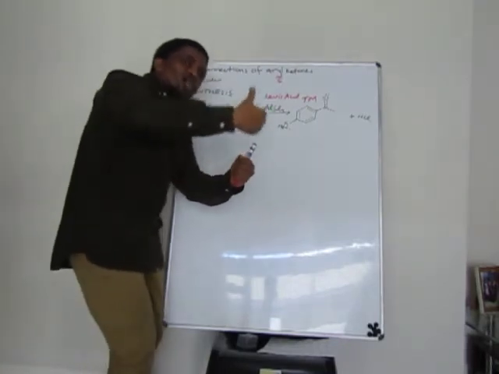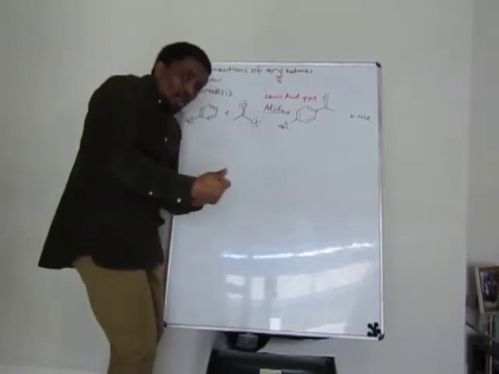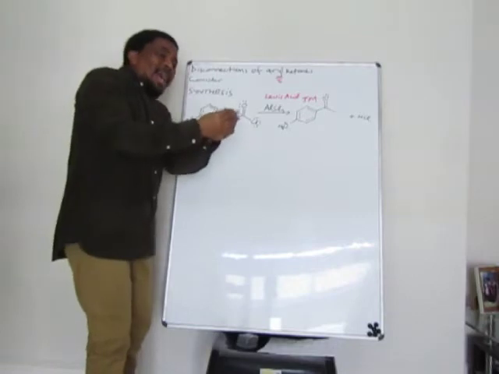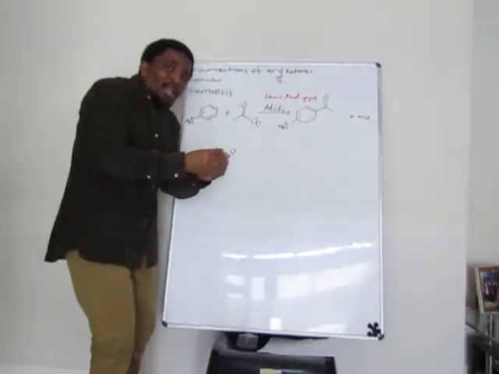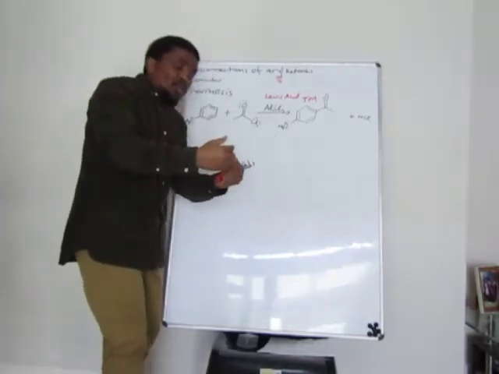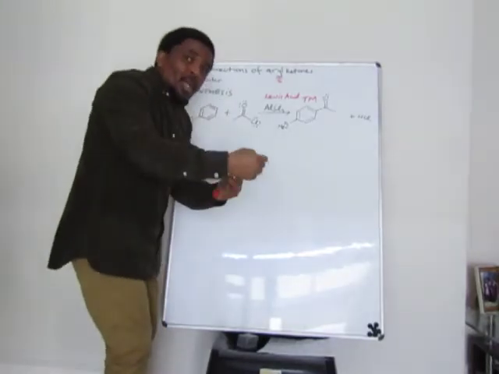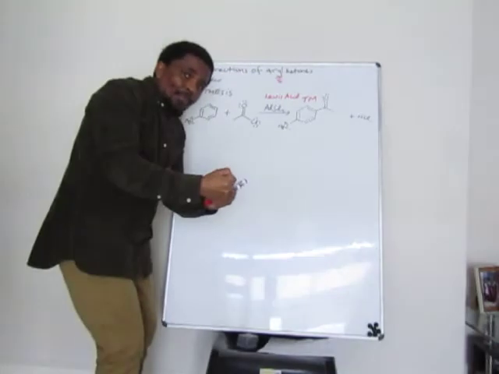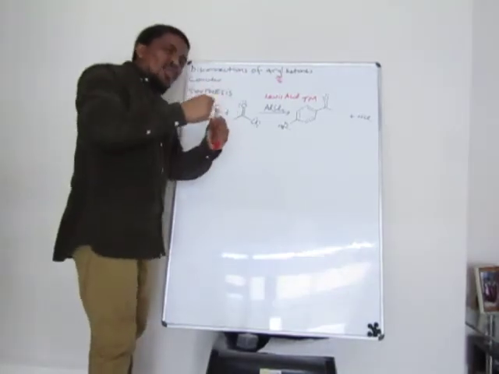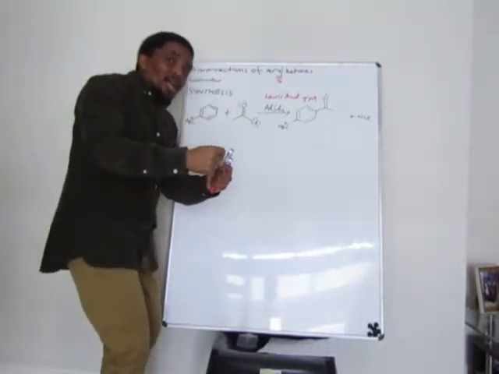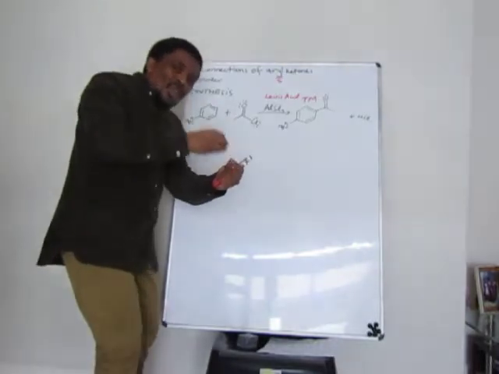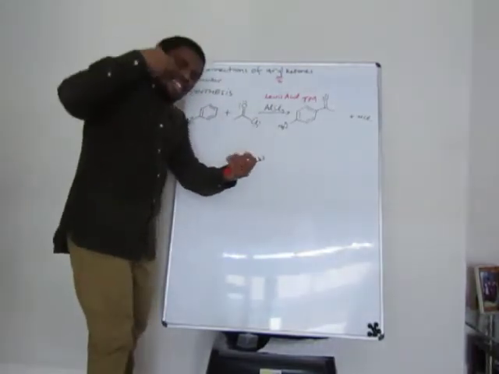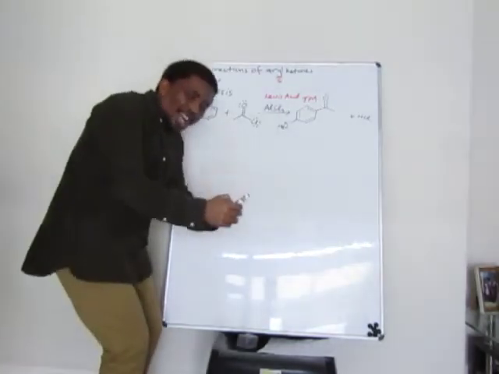Now, this is going to take us to the chemistry of benzene. With benzene, aromatic compounds generally tend to be not reactive. So in a way, you must force them to react. How do you force them to react? For them to react, they need to react with very strong electrophiles.